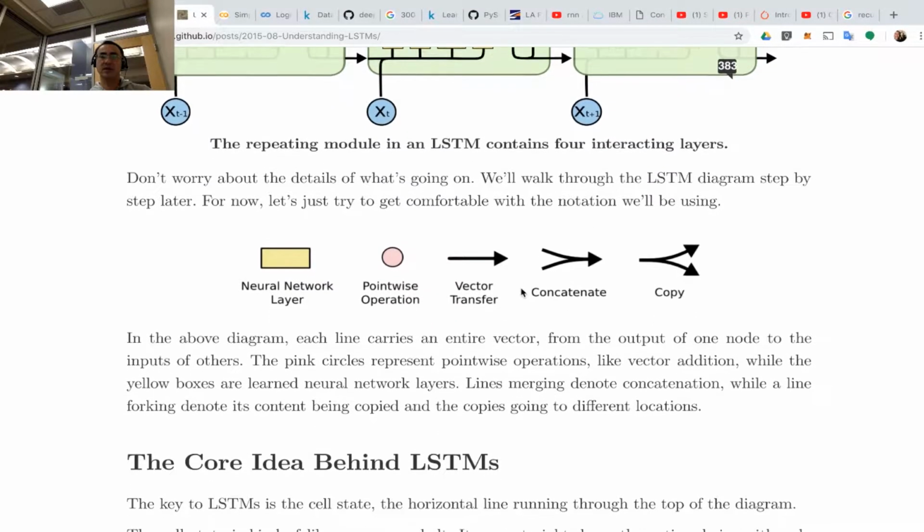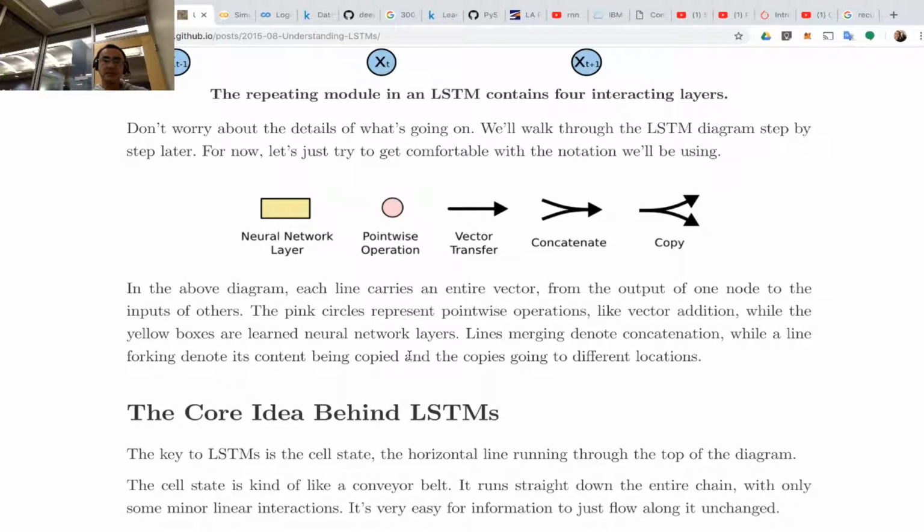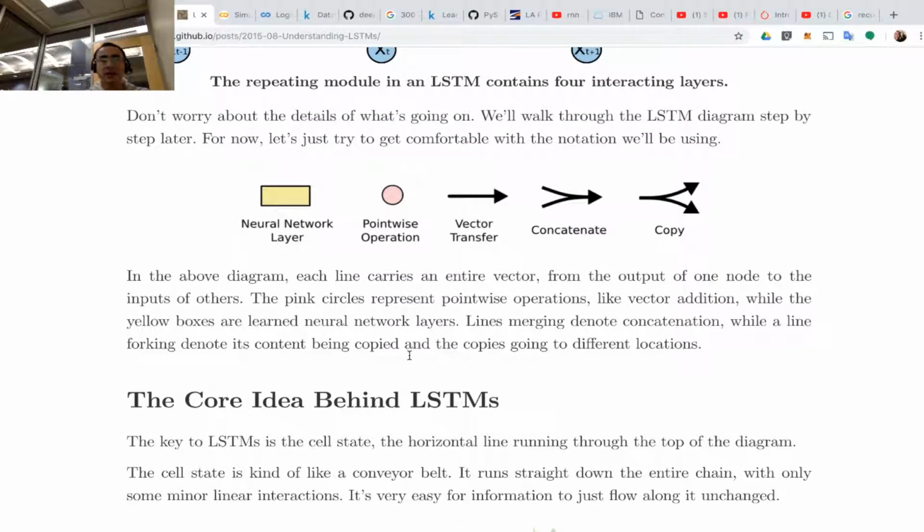Okay, let's carry on. In the above diagram, each line carries an entire vector from the output of one node to the input of others. The pink circles represent point-wise operations, like vector addition, while the yellow boxes are learned neural network layers.